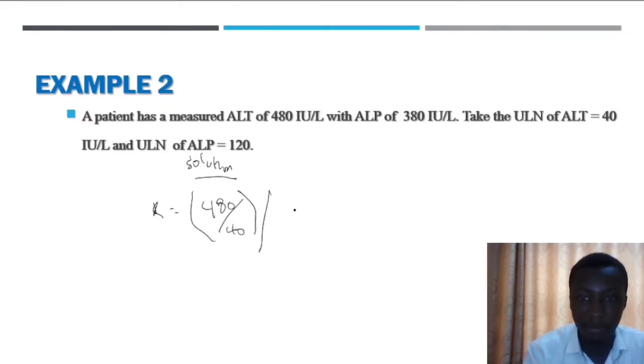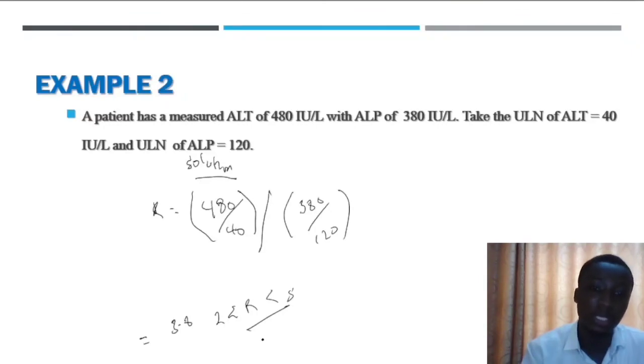Then I divide everything by the ALP level, that's 380, divided by the upper limit of normal of the ALP, that is 120. And that gives us approximately 3.8. This falls within the range of 2 less than R less than 5. And that tells us this patient has a mixed condition.